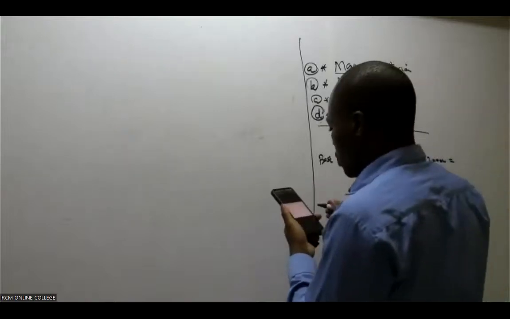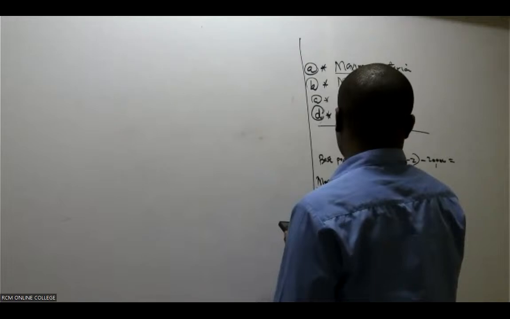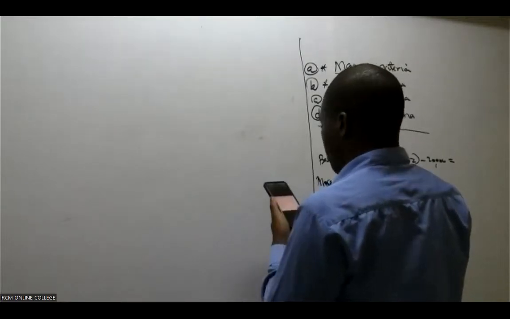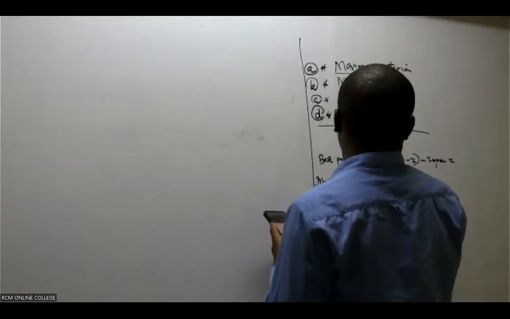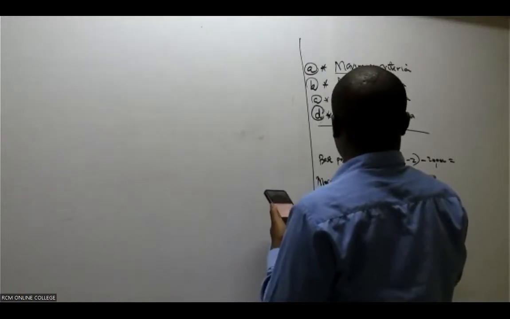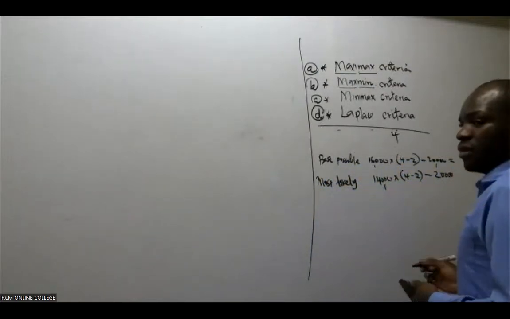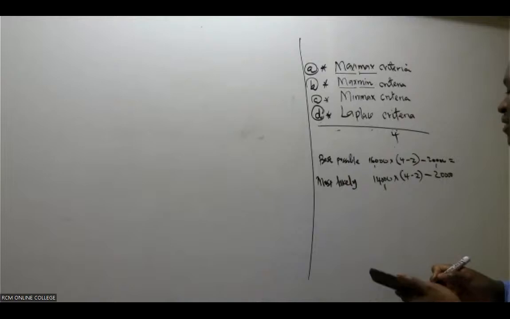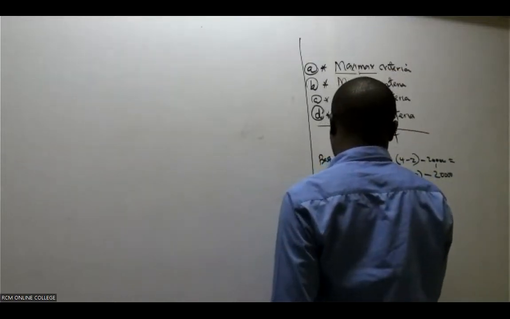Then you come to most likely. Most likely we have 14,000 times the selling price, still 4, minus variable cost. Then we have worst possible.